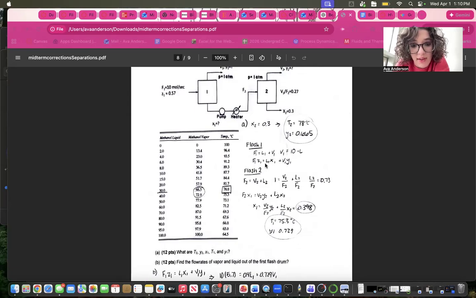Looking at flash 2, you have F2 equals V2 plus L2, and then you can have 1 equals V2 over F2 plus L2 over F2. And then L2 over F2 is 0.75. And then pulling this equation down, also using it, but just for flash 2, you can solve for x1, which is 0.398. And then using this x1 value, you can take that from this table, and then you get T1 equals 75.3 degrees Celsius and Y1 equals 0.729.